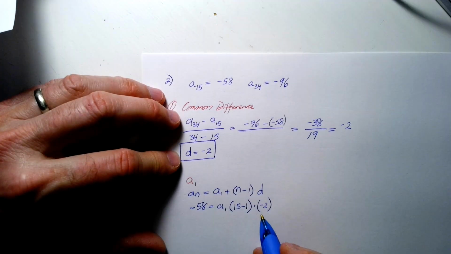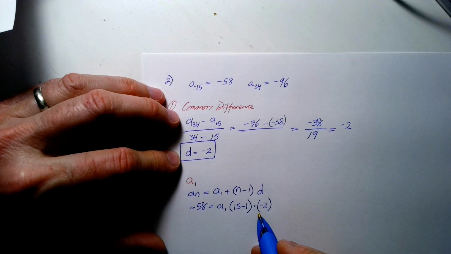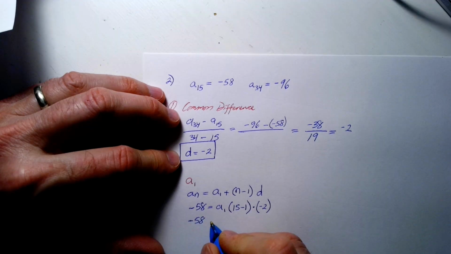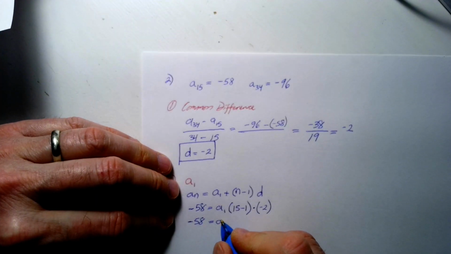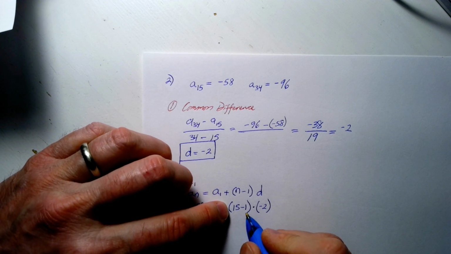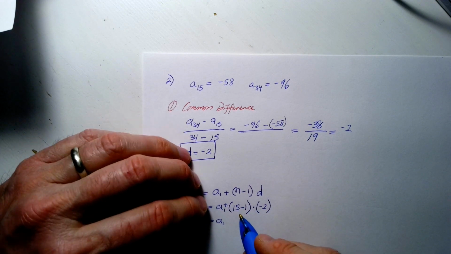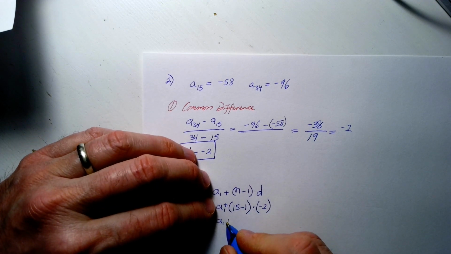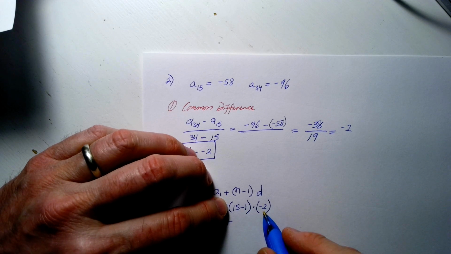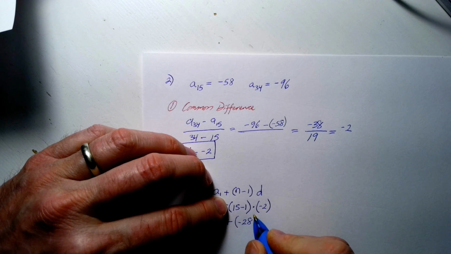This is just simple algebra, let's not get bogged down with it. Negative 58 equals A1, plus 14 times a negative 2, which is a negative 28.